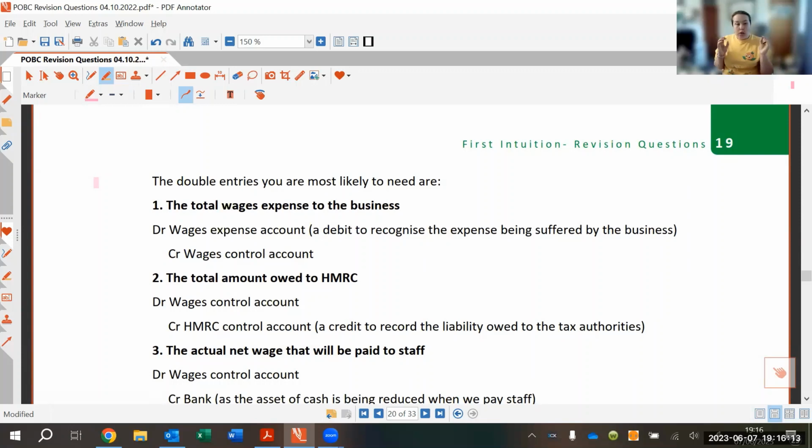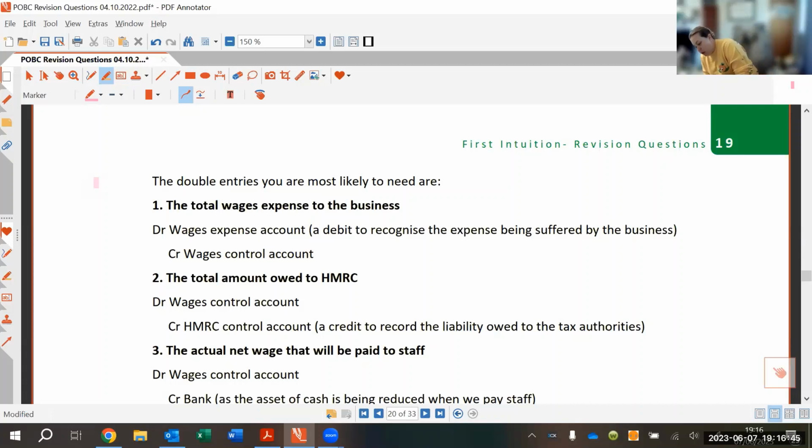So we will add in at the start when we're recording that expense overall, we'll put the expense into the control, and then slowly we'll move individual figures out of the wages control account, so that at the end there is nothing left over in that wages control account. So the balance on it should be 0 at the start and 0 at the end. You're basically just using it to hold figures while you then push it out into the various places where the different bits of the payroll need to go.